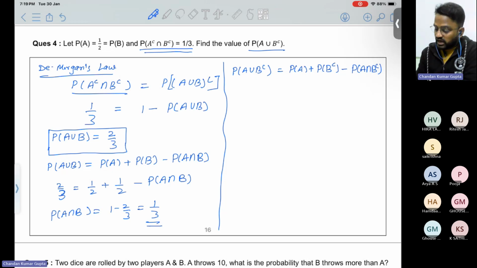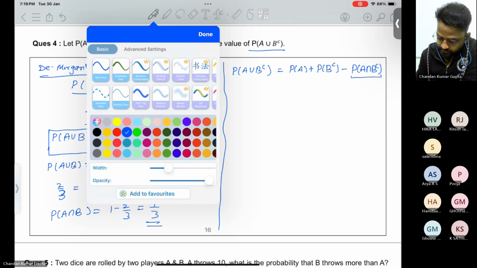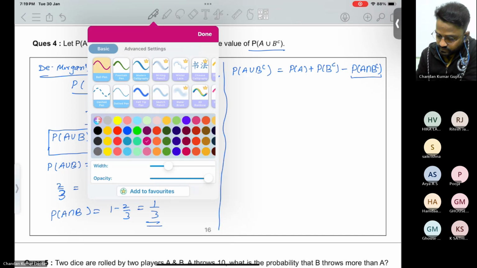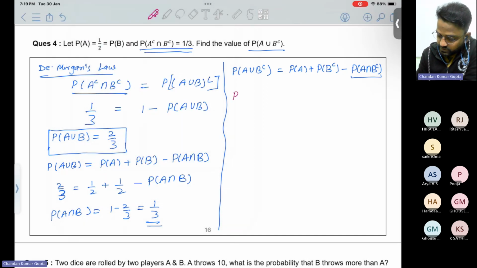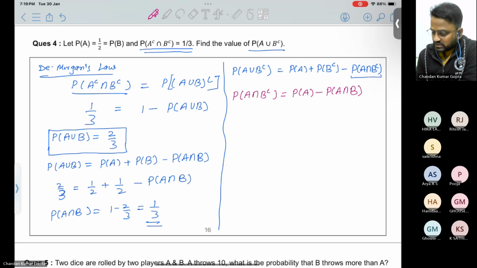Also, we have this probability: the probability of A intersection B complement can be written as the probability of A minus the probability of A intersection B. Anyone have any problem?